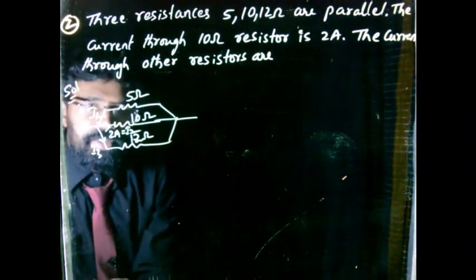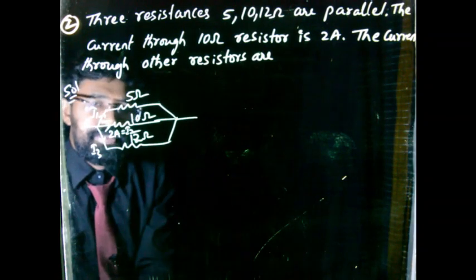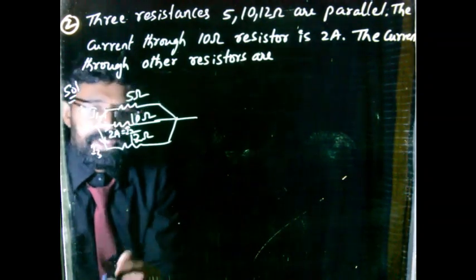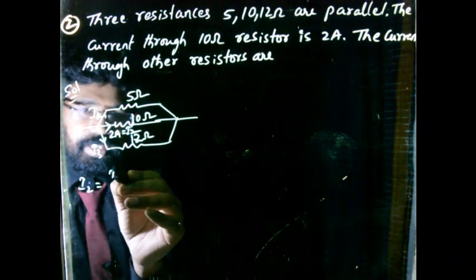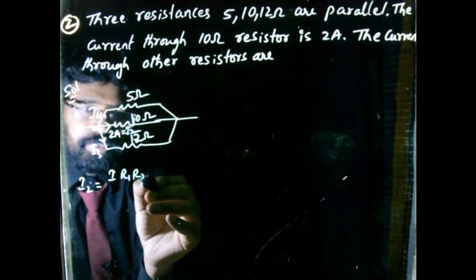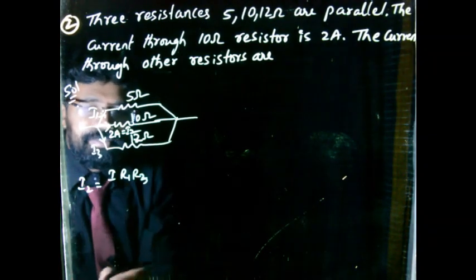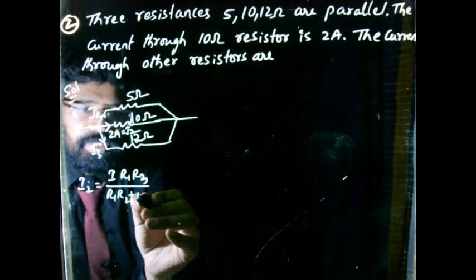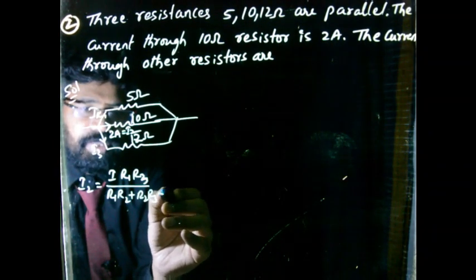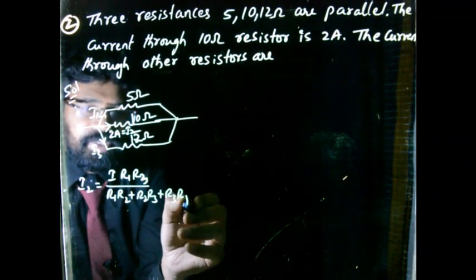If you wanted to find out I1, you need the total current expression, isn't it? For example, let us first try to find out I2. I2 can be written as I R1 R3 by R1 R2 plus R2 R3 plus R3 R1.